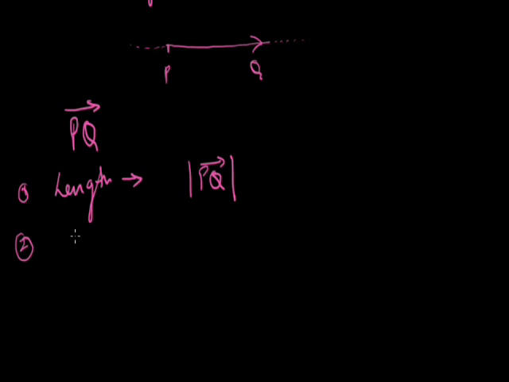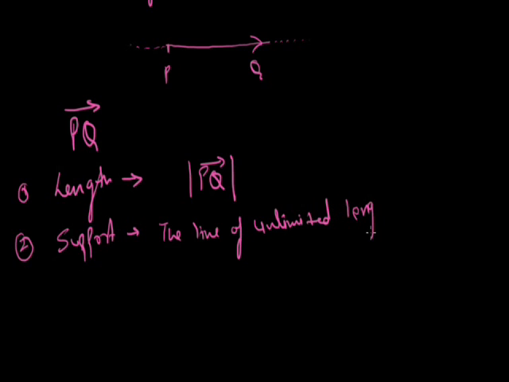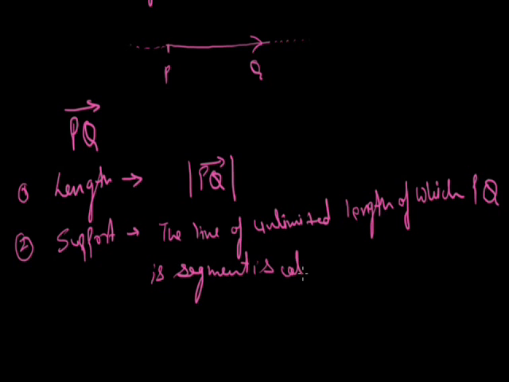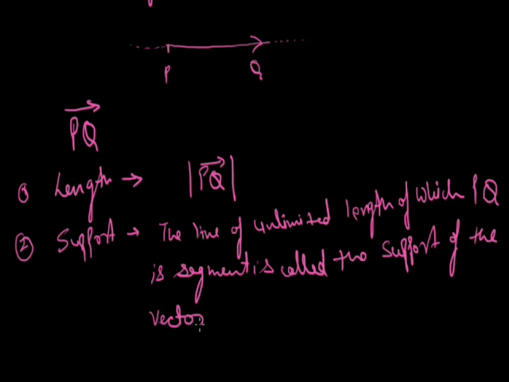The second is the support. The line of unlimited length of which the segment PQ is a part is called the support of the vector PQ.